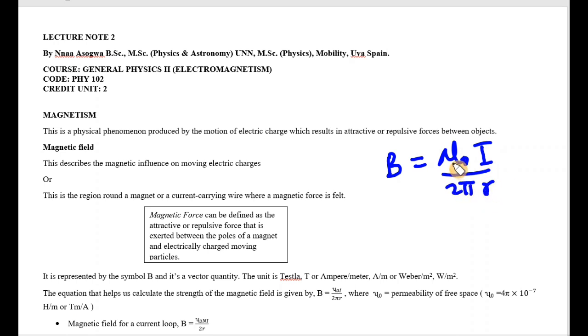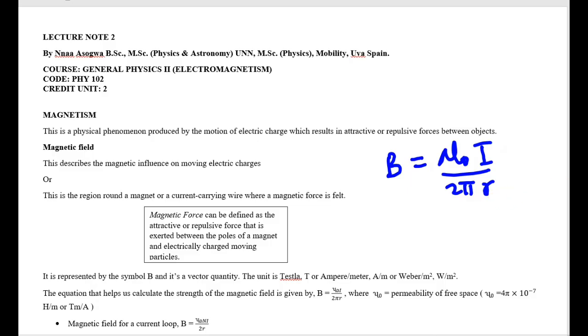Here mu naught is the magnetic permeability, or the permeability of free space, which has the constant value 4 pi times 10 to the power of minus 7 Henry per meter or Tesla meter per ampere. I is the current and r is the distance.